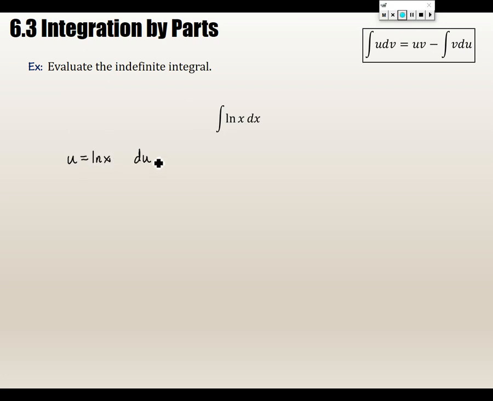dv. Yeah, dv will just be, well, 1, but dx, right? 1 dx. So let's differentiate here. So du is 1 over x dx, and v is equal to x.